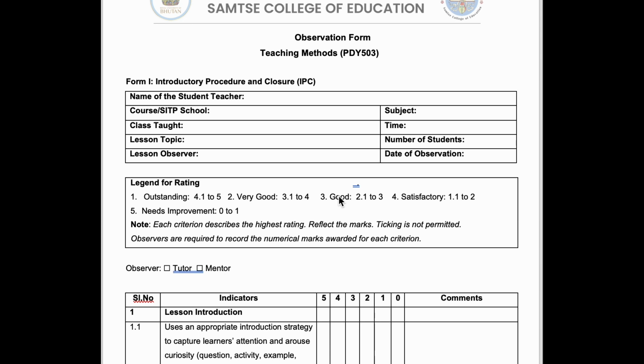Number 3, good, 2.1 to 3, reflects acceptable performance where basic expectations are met, but there are noticeable areas that could be improved. 4, satisfactory, 1.1 to 2, shows partial achievement of the criterion where significant improvement is needed. Then we have number 5, needs improvement, from 0 to 1, indicating that the expected standards have not been met and substantial development is required.